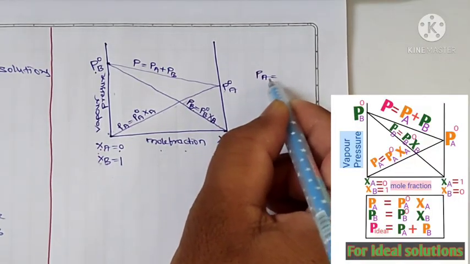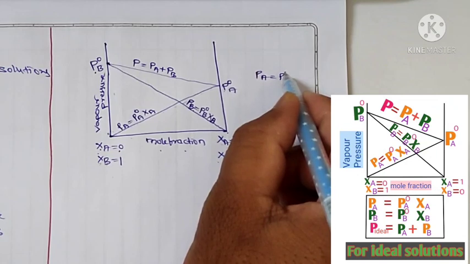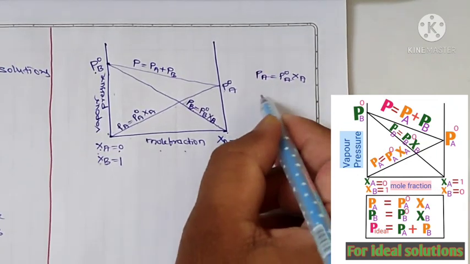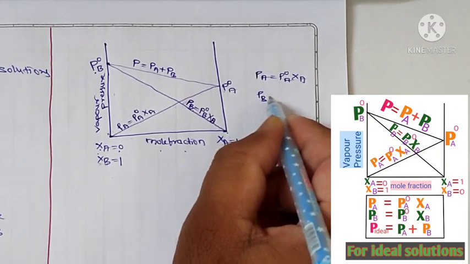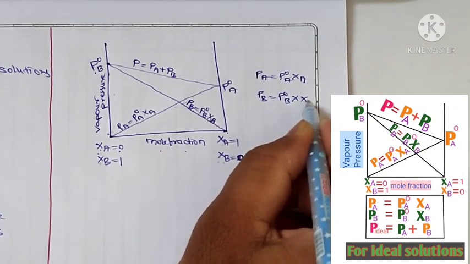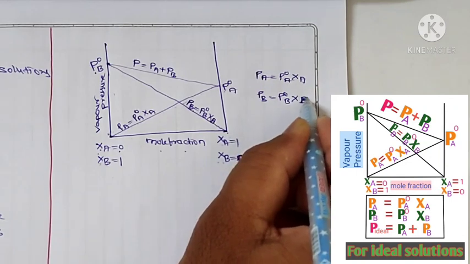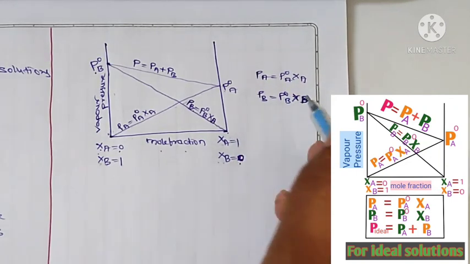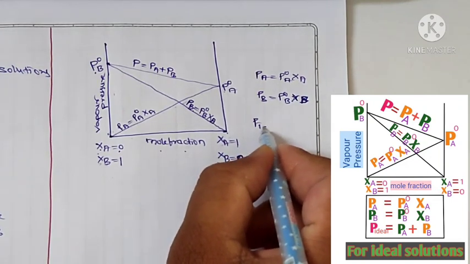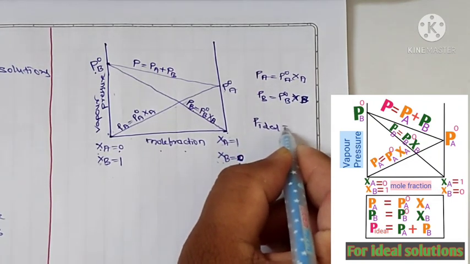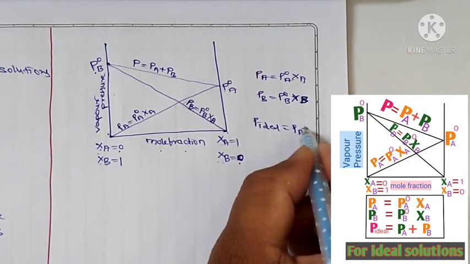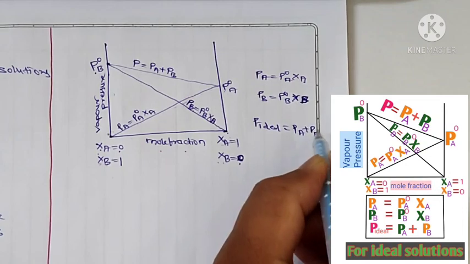So here PA is equal to P naught A times XA and PB is equal to P naught B times XB, and P ideal is equal to PA plus PB.